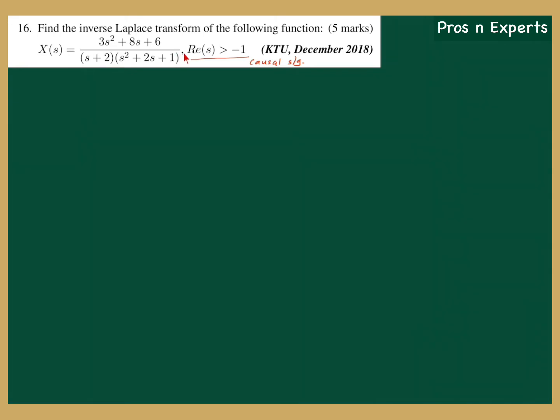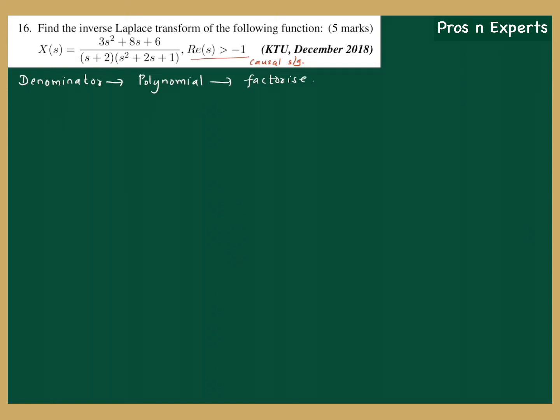That is the easiest method to work out these problems. Never care about the numerator, only care about the denominator. Factorize it if possible. That's the easiest method.